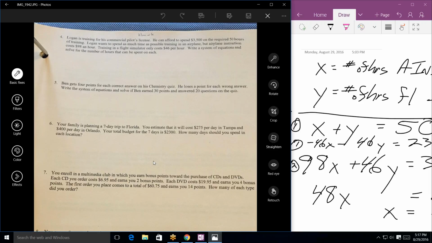So he can get 50 hours of training for $3,500. That's not very many hours. Oh, minus 2,300. There you go.